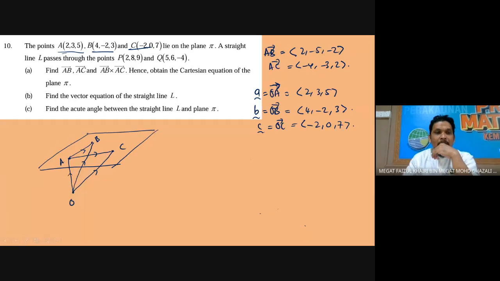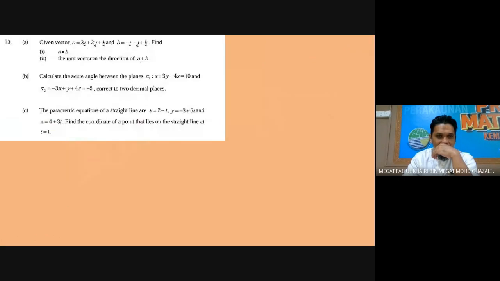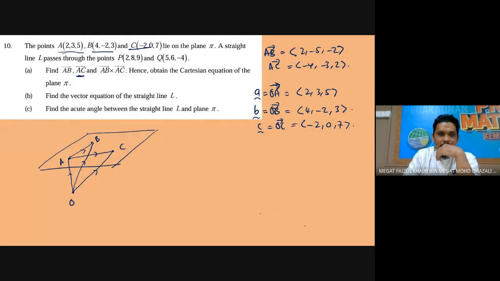Now, find AB cross AC. So AB cross AC equals the determinant with i, j, and k on the first row, AB (2, -5, -2), and AC (-4, -3, 2).